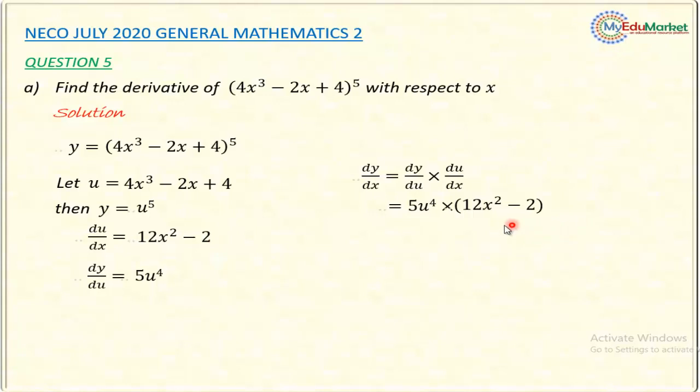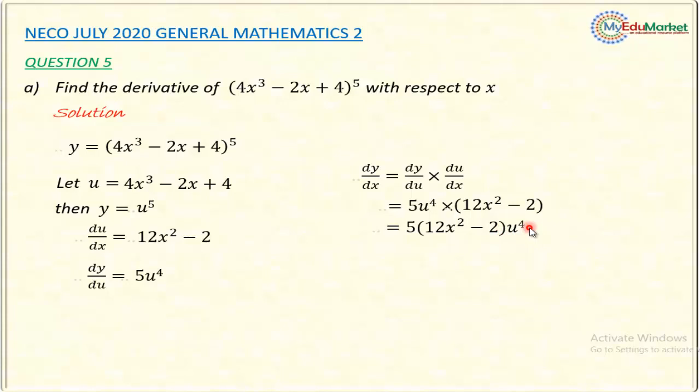So I'll continue. Let me now rearrange this. I'm going to have 5 times this bracket, then times u raised to 4. So I'm having 5 multiplied by 12x squared minus 2, then multiplied by u raised to the power of 4.